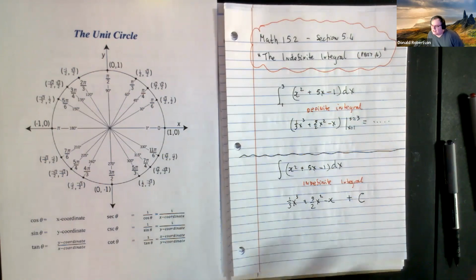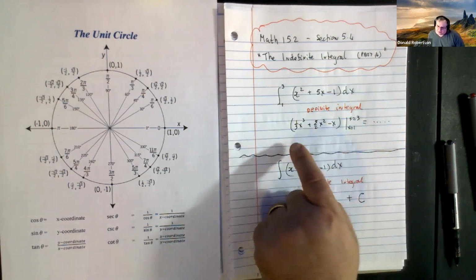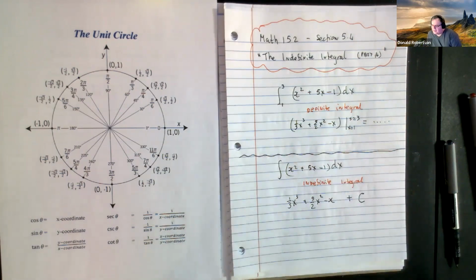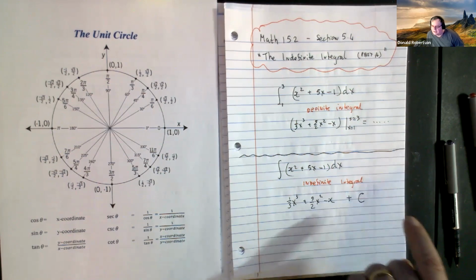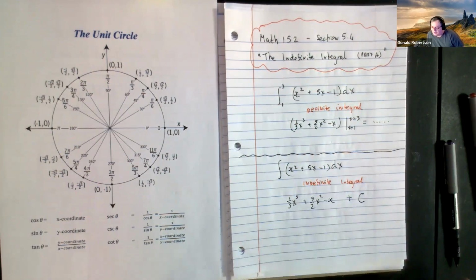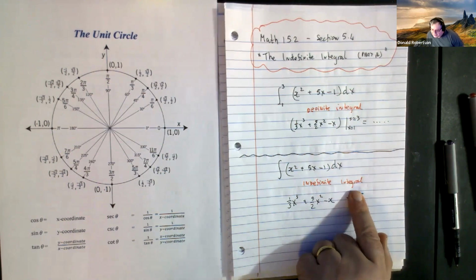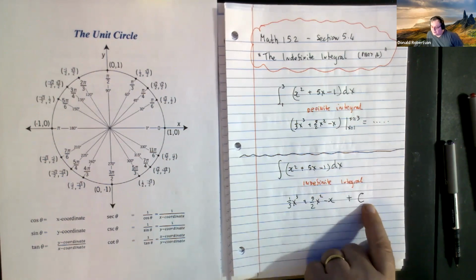And I said, well, technically you could, but since the first one kills off the second one and it always disappears, we kind of don't bother. But in an indefinite integral, that plus c is part of the result. It's part of the answer. So if you don't put it in, WeBWorK will say you're wrong. And it should, because that's it.